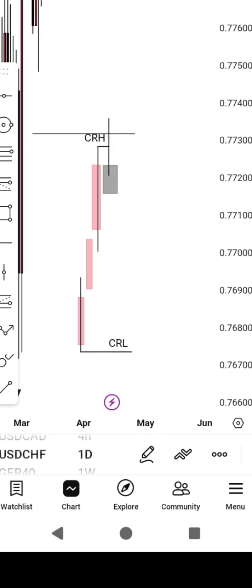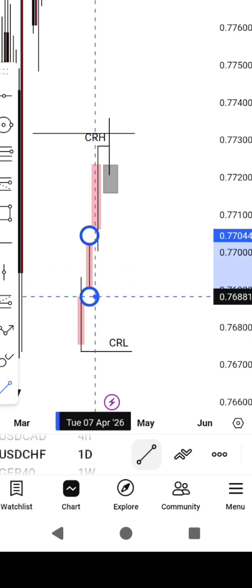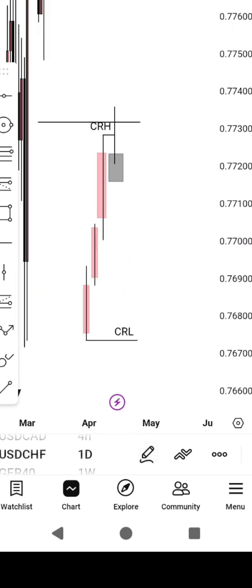Yes, this is basically the concept, right? Of course you have wicks, and vice versa, right?